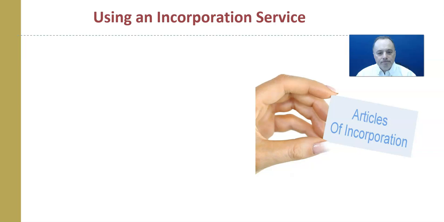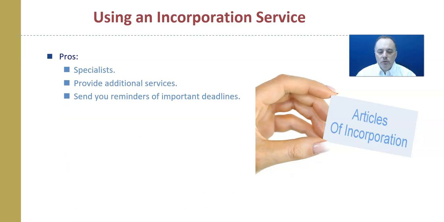So okay, now there are incorporation services. Often the registered agent services will provide incorporation services as well. They are specialists. They provide additional help for you with getting forms. They will send you reminders of important deadlines. The cons are sometimes if you get the wrong ones, they could just get in the way, slow down the process.